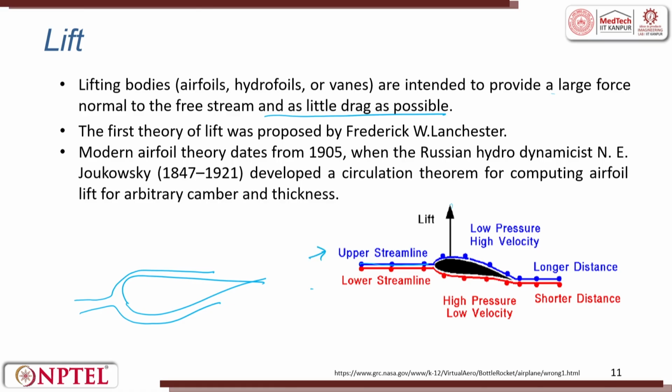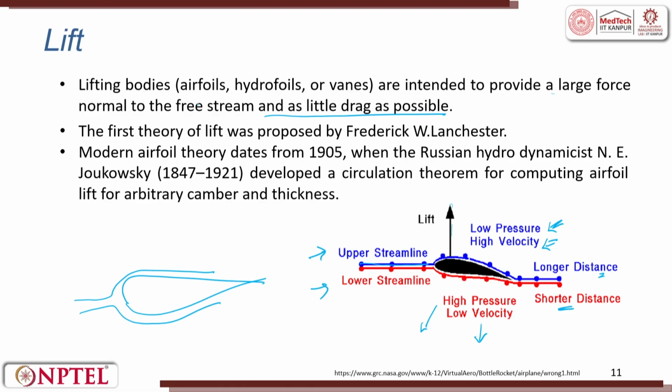Now this is the aero profile and the lift is always in the upward direction. Above the plane you will have low pressure, high velocity, below you will have high pressure, low velocity. So, the upper stream travels a longer distance and the lower stream travels a shorter distance. This gives the lift. So, the lifting body, aerofoil.